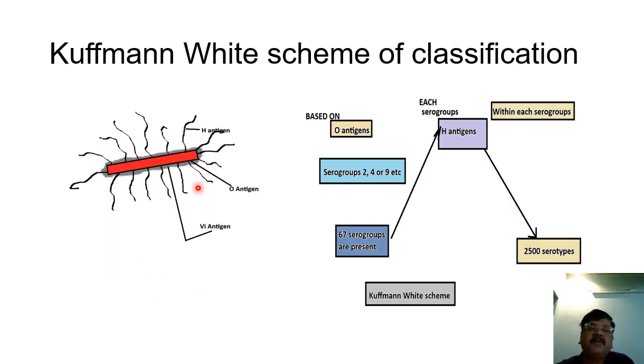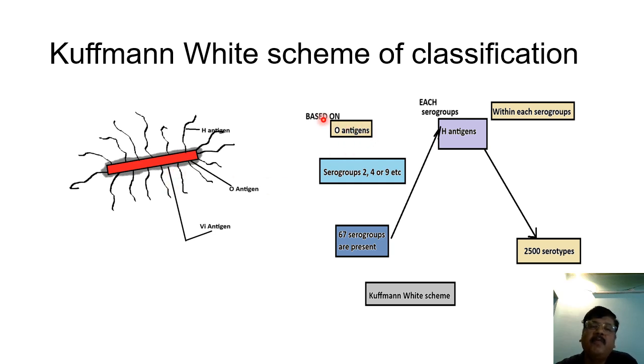You can see here the diagrammatic representation of Salmonella, with various antigen types shown. The H antigen is here, then the cell wall antigen, which is the O antigen, and outside the cell wall there is a capsular antigen which is called the Vi antigen.